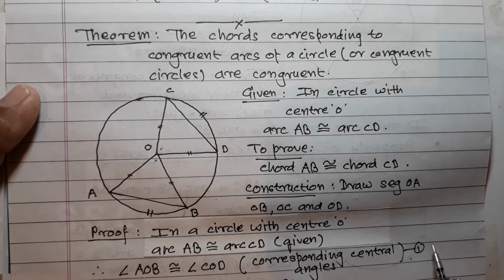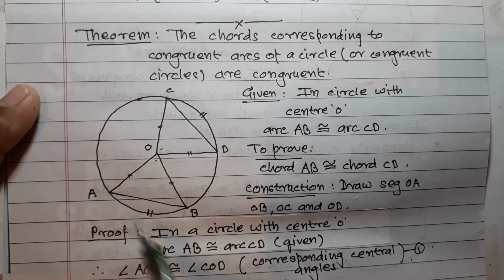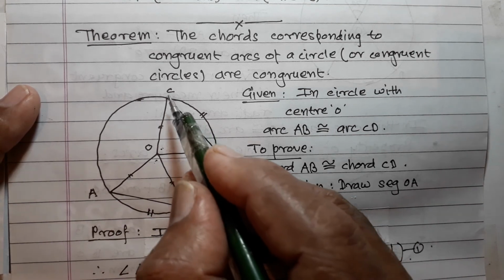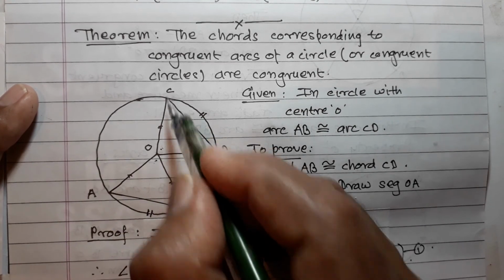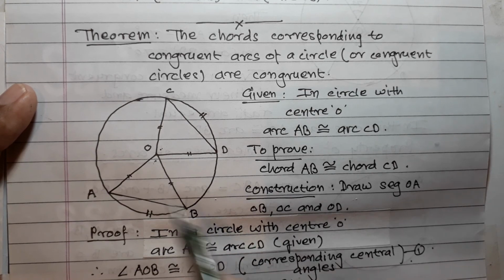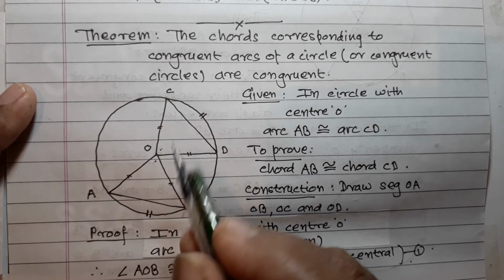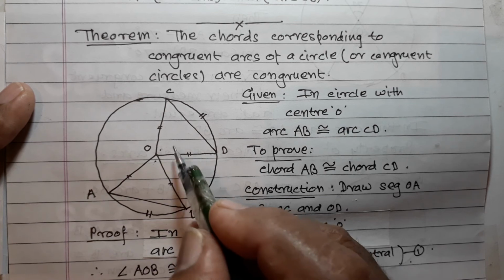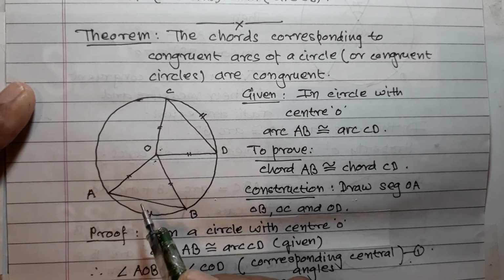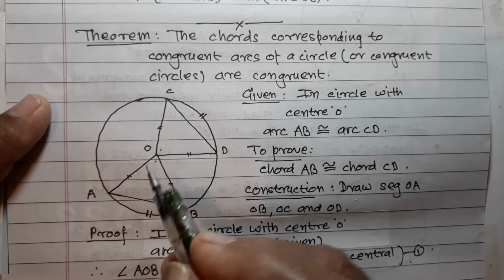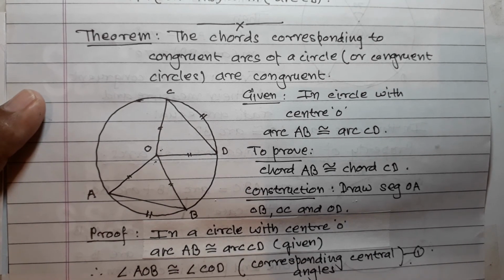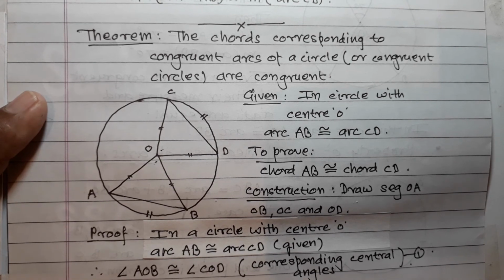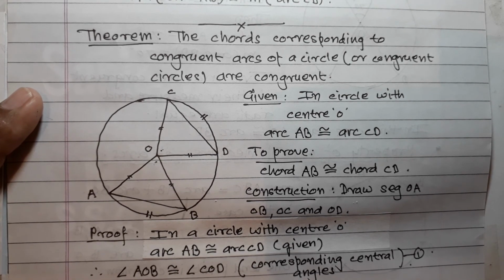Statement number 1. Now in triangle AOB and triangle COD, angle AOB is congruent to angle COD from 1, this side is equal to this side and this side is equal to this side, radii of the same circle. Therefore triangle AOB is congruent to triangle COD by the SAS test, side-angle-side.